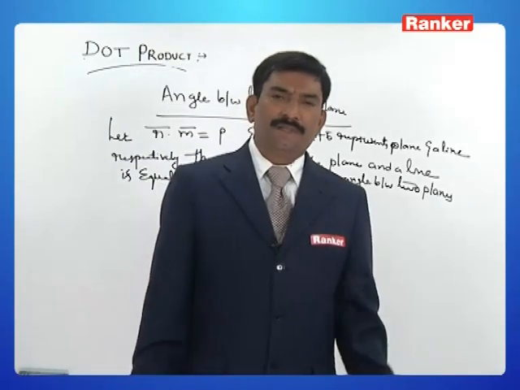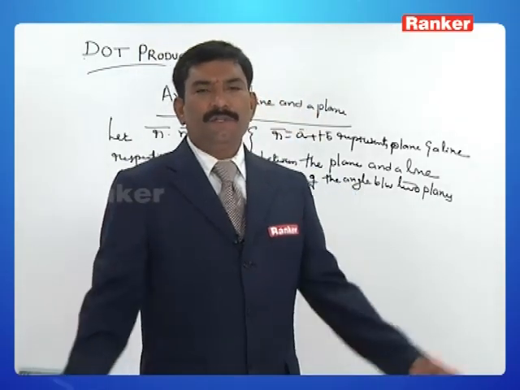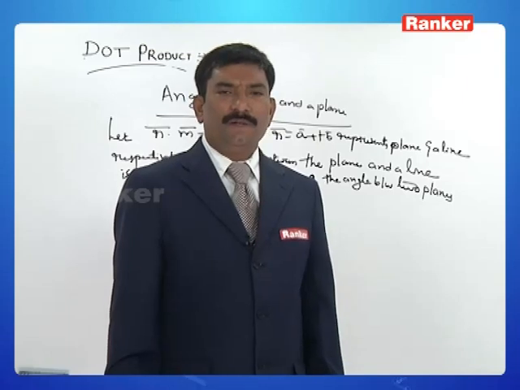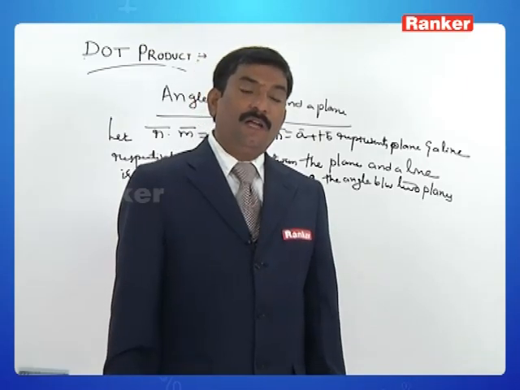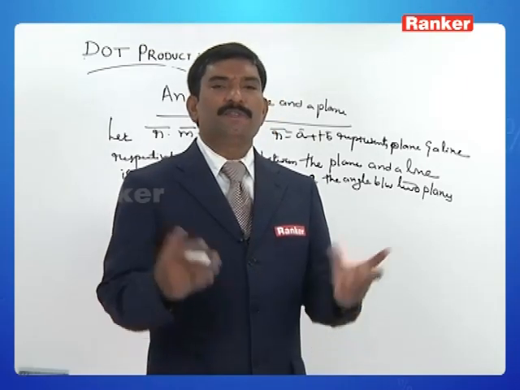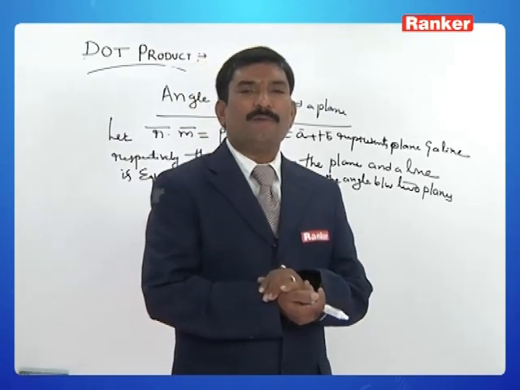Between two lines it doesn't change. Between the two planes it won't change. If it comes to a line and a plane, it comes as 90 minus theta, the complement angle.